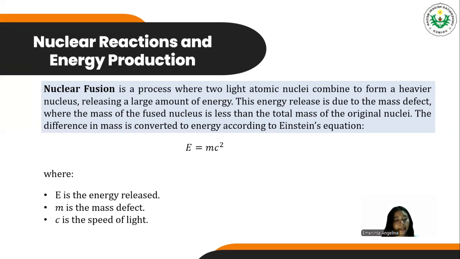The difference in mass is converted to energy according to Einstein's equation, where energy is equal to mass times the speed of light to the power of 2. And we can see from the equation information about the variables.